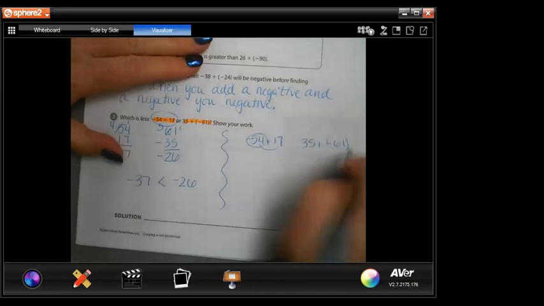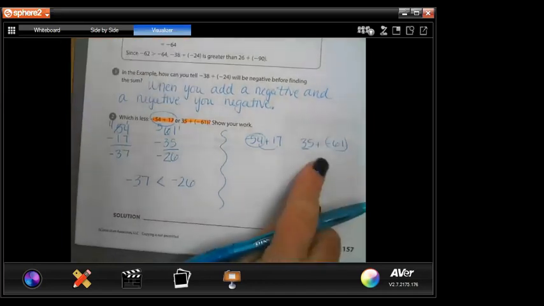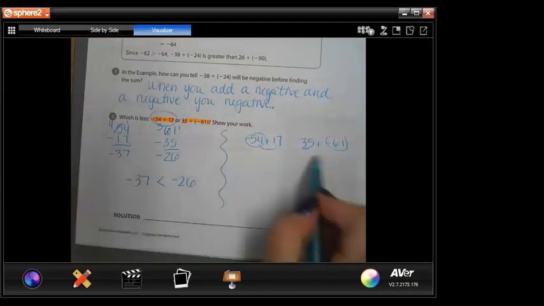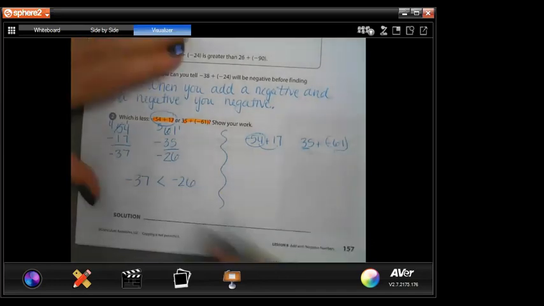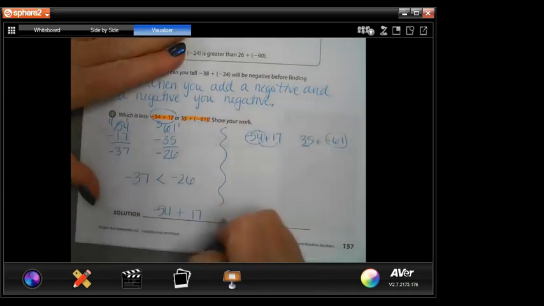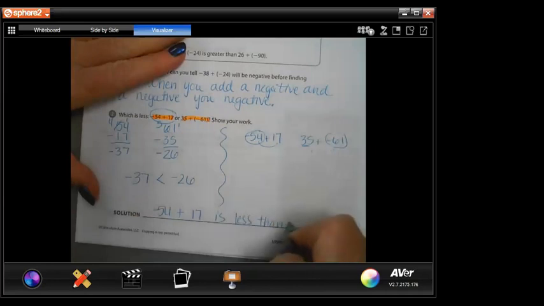So this number right here is over half of that. So this one's not going to be as big of a gap between these two numbers, even though it's still negative because this guy is bigger. It's still going to be a shorter gap between the two of them. So the answer is negative 54 plus 17 is less than 35 plus negative 61.